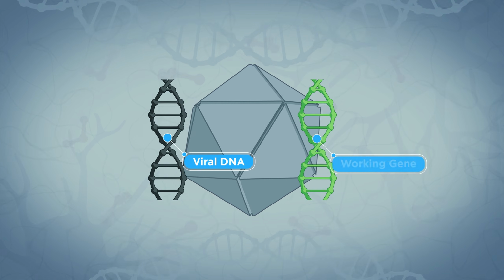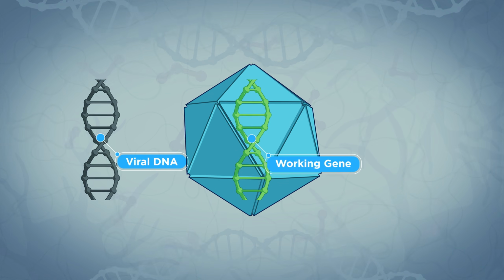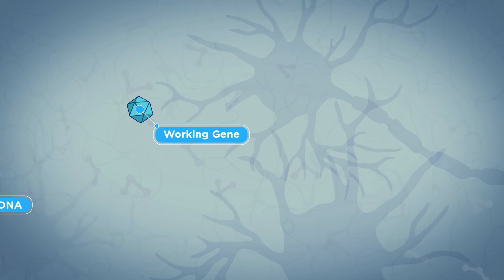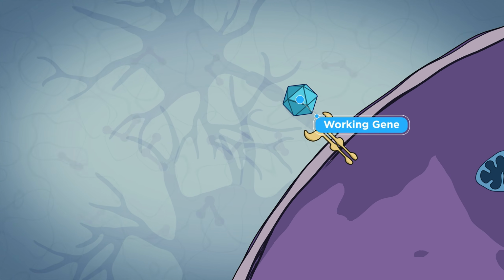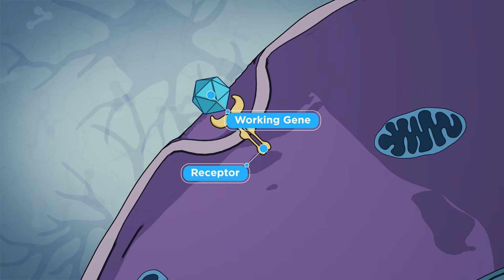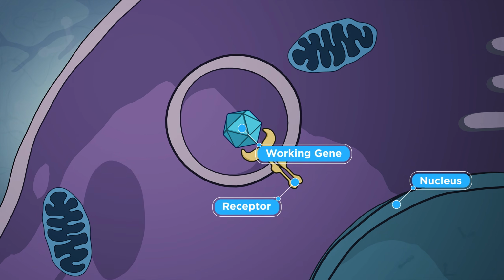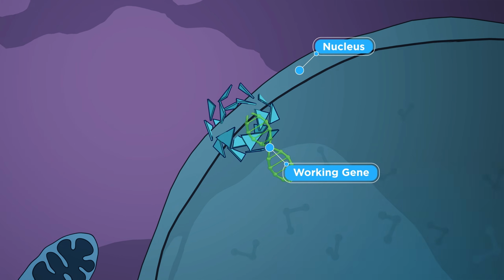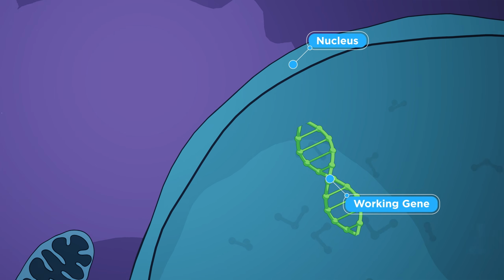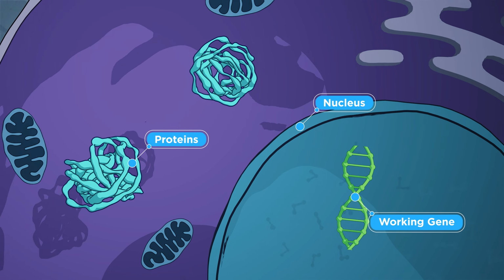It can easily be modified to deliver genetic materials into human cells and is not known to cause human diseases. Scientists can use the natural ability of AAV to deliver genetic materials into human cells by replacing the naturally occurring viral DNA inside the AAV particle with the working gene to be delivered to the body cells.